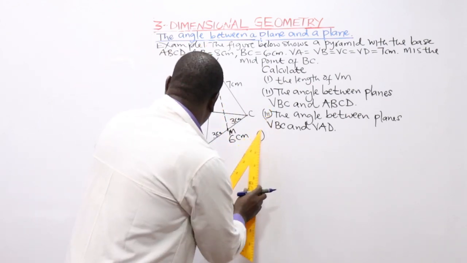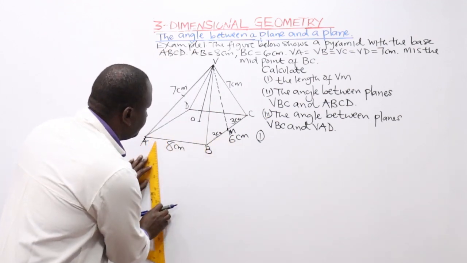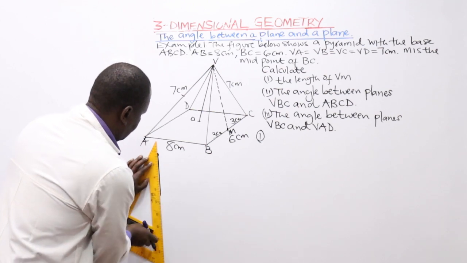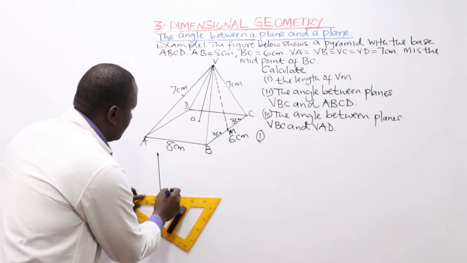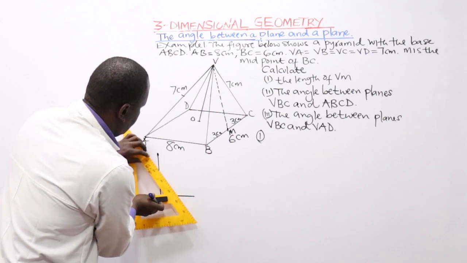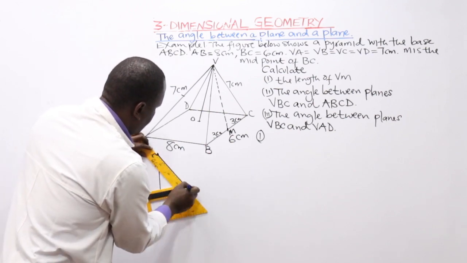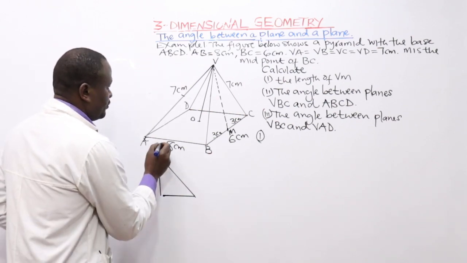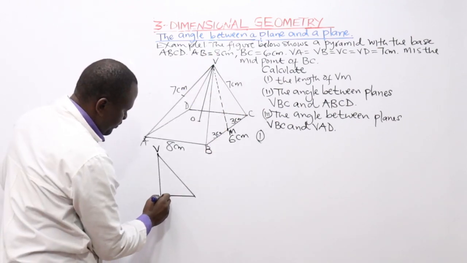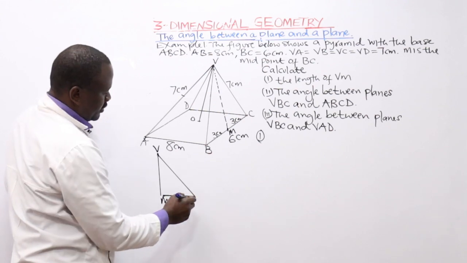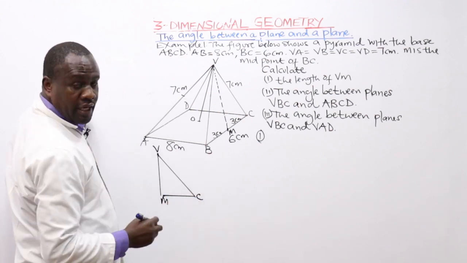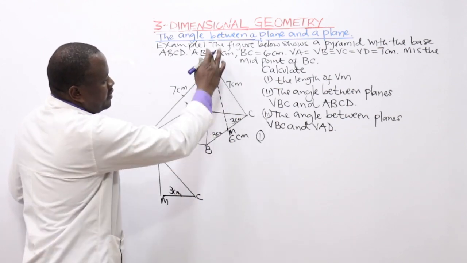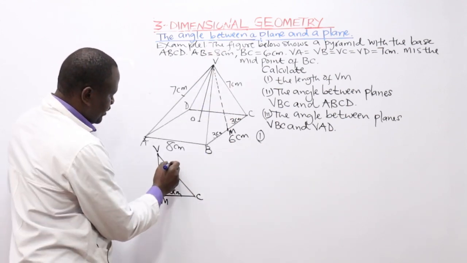Therefore, VM, we shall do it here. Now, this is V, this is M, this is C, and this is 3 centimeters, and VC is 7 centimeters.